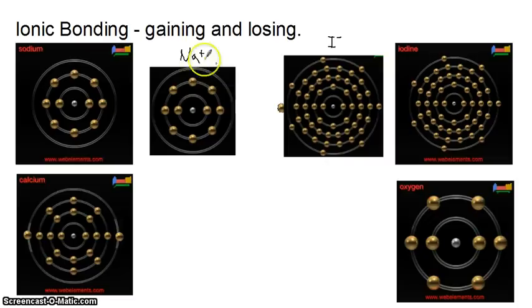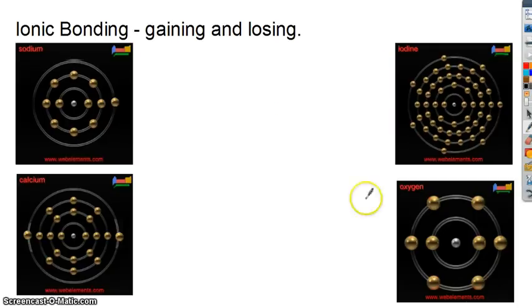Now these 2 ions, the sodium plus with a positive charge and the iodide minus, are attracted to each other, since positives and negatives attract, and can form a compound, which would be sodium iodide. We'll get into all that a little bit later.